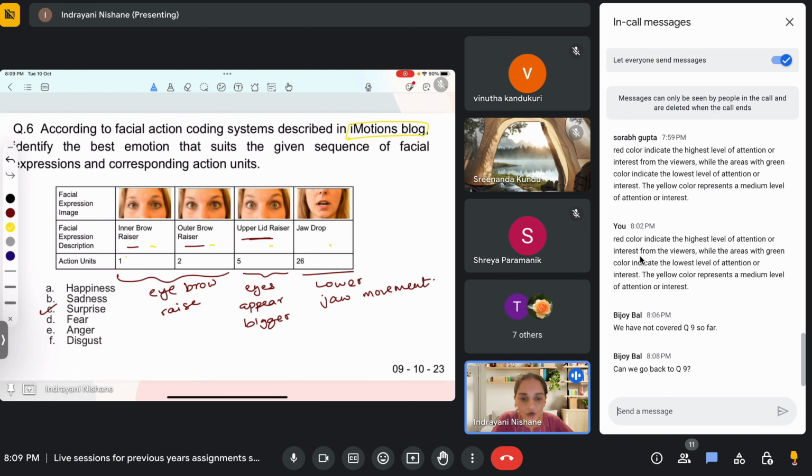When the jaw drop happens along with eyebrow raise, it is not sadness. When we are sad, we don't raise our eyebrows and we don't drop our jaws. When we are surprised, this is the general facial expression of human beings: we raise our eyebrows and open our mouth. But when we are sad, we will not open our mouth or raise our eyebrows. We'll be keeping our lips together.